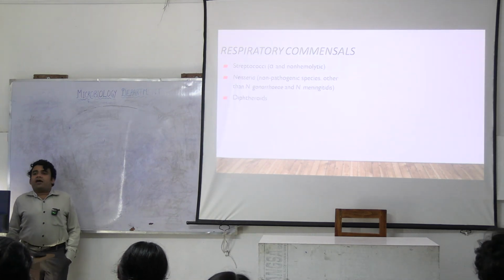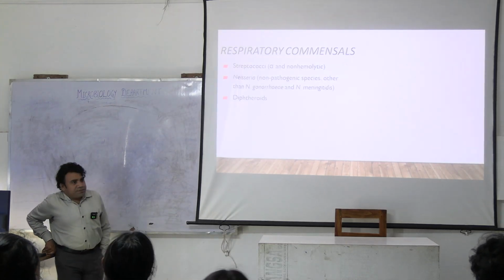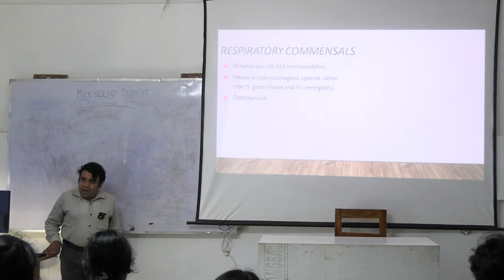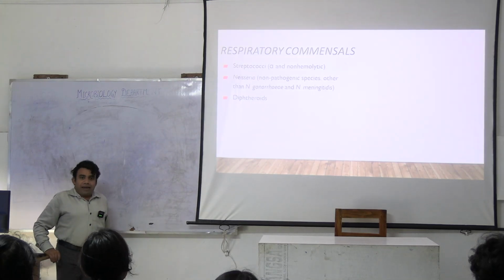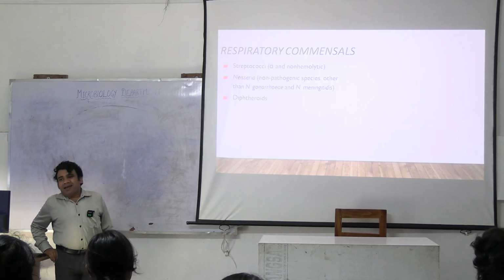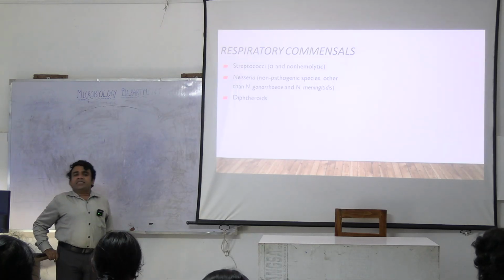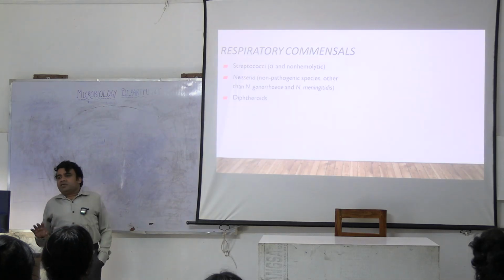Furthermore, we have some gram-positive bacteria called diphtheroids. Now, why are they called diphtheroids? Because they look like Corynebacterium diphtheriae, but they are not like Corynebacterium diphtheriae. That means they do not cause diphtheria. However, they are present normally in the respiratory tract.